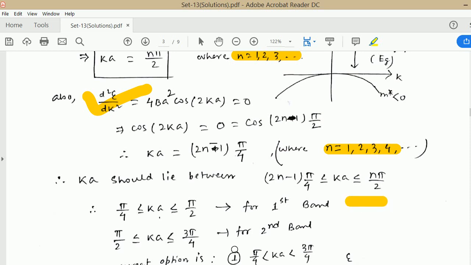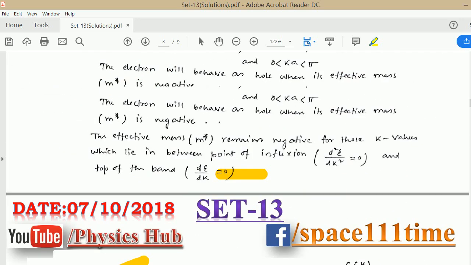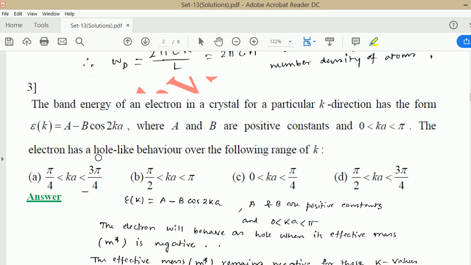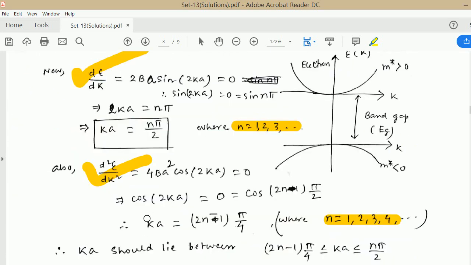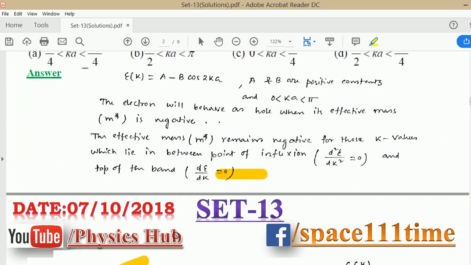This is for the first band, and if you put n equals 2, then you will get 2×2−1, 3π/4. So from π/2 to 3π/4 for the second band. Throughout this region we are getting hole-like behavior. So combining these two regions we get π/4 to 3π/4, and it is matching with option 1.